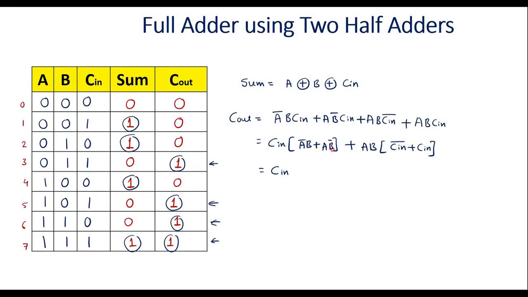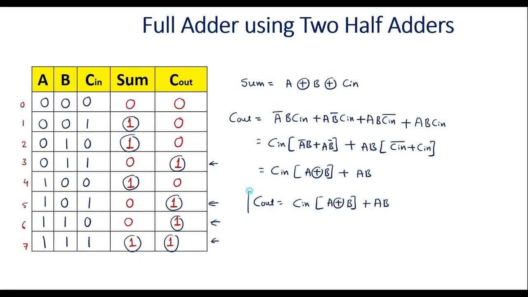So A bar B plus AB bar is nothing but A XOR B, plus here I can write it as AB. Cin plus Cin bar is nothing but 1. So therefore the modified carry expression is Cin (A XOR B) plus AB.